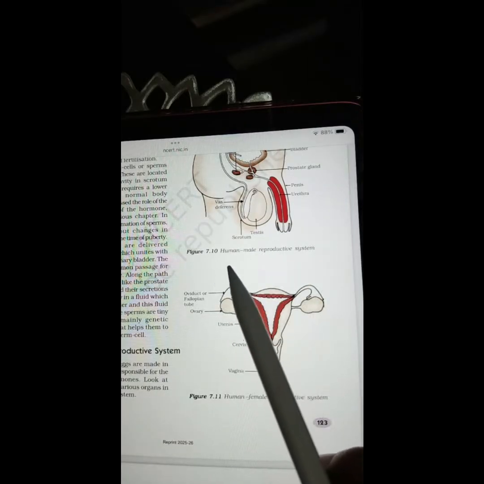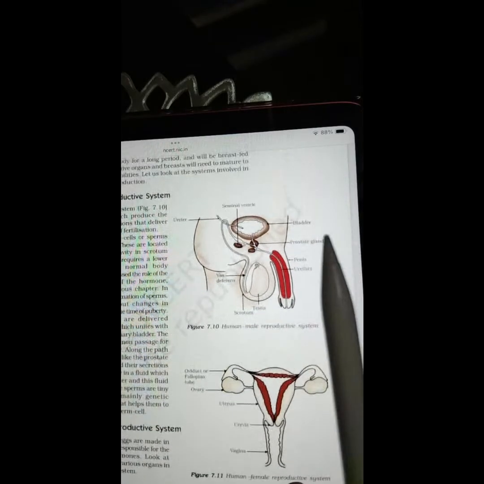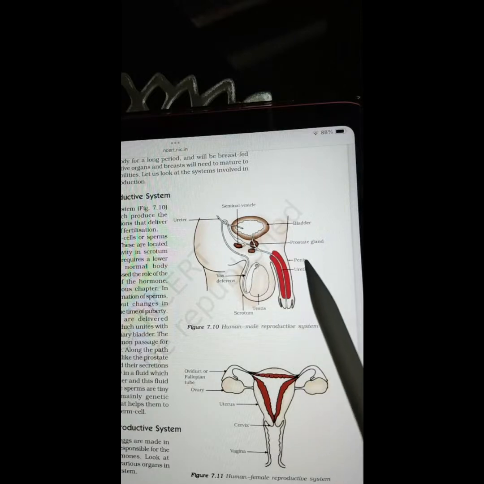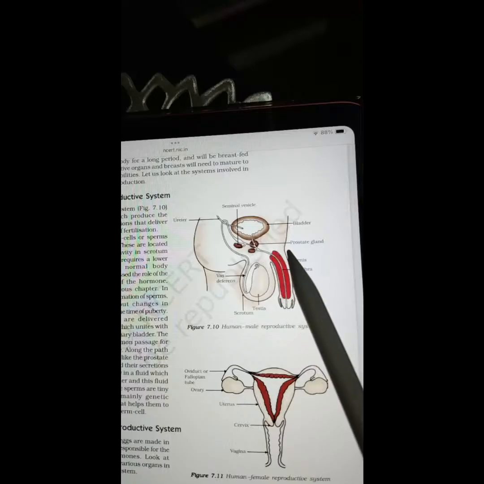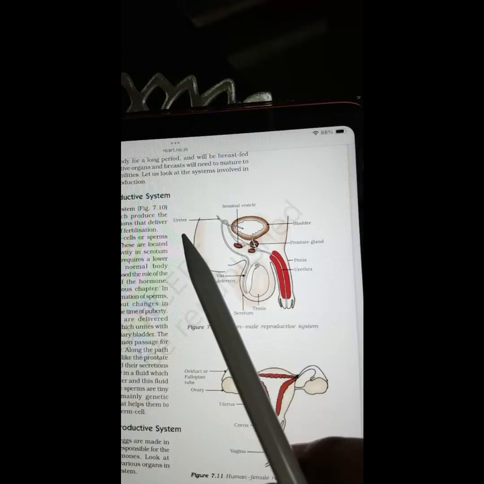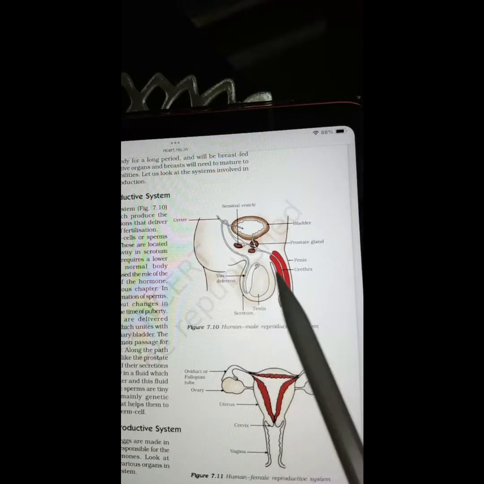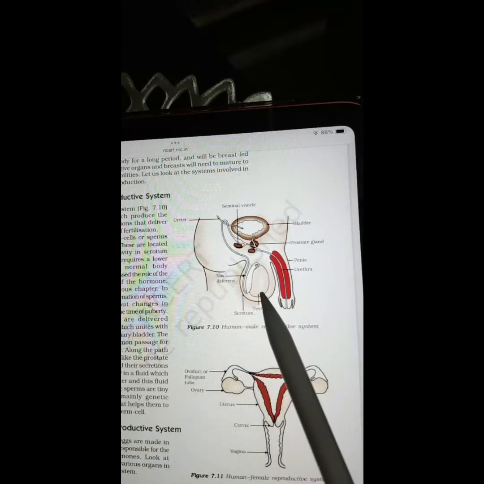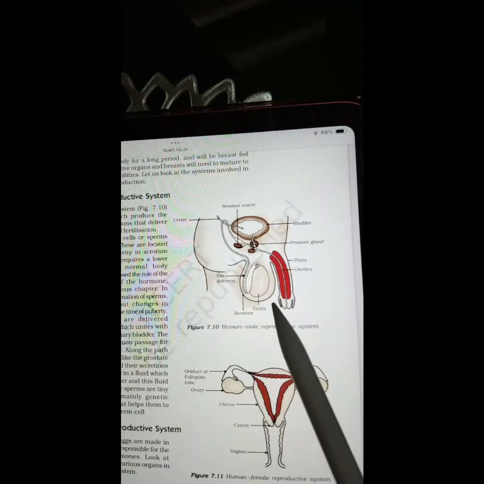This is the male reproductive system. So seminal vesicle and prostate gland, they are the accessory glands. They will be pouring their secretions onto the sperms. Bladder will be storing the urine. Ureter will be carrying the urine. Testes is the site of sperm formation. Scrotum is the external pouch inside which testes are present.